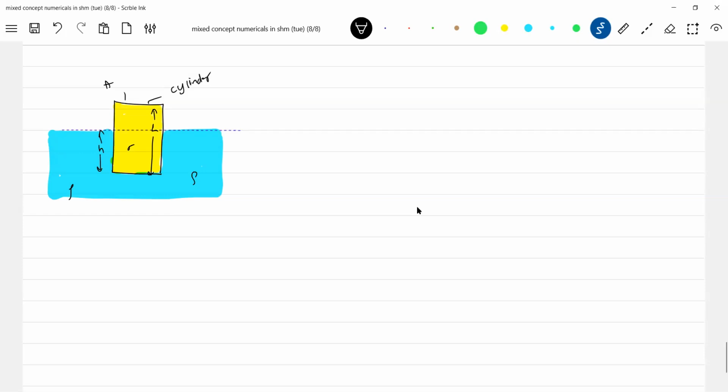I'll slightly displace it. If I slightly displace it, what will happen to the cylinder? It will go into the liquid, a little bit more.